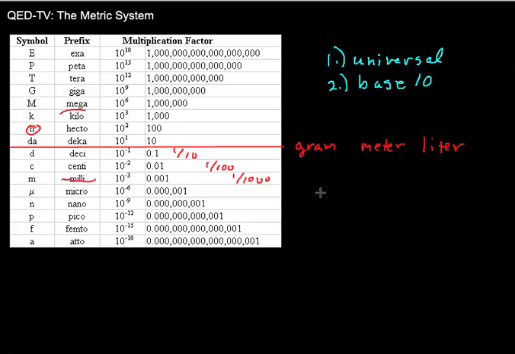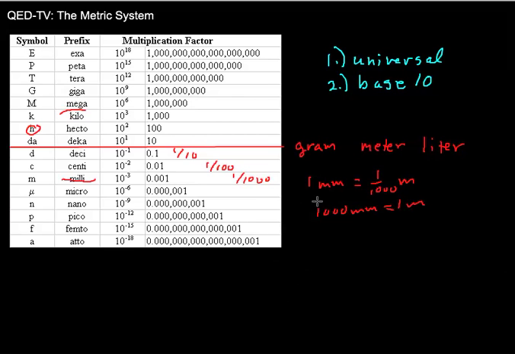So if I have something that's 1 millimeter, that means the milli is 1/1,000, and then I write the meter. So a millimeter is 1,000th of a meter, which means there would be 1,000 millimeters in 1 meter.